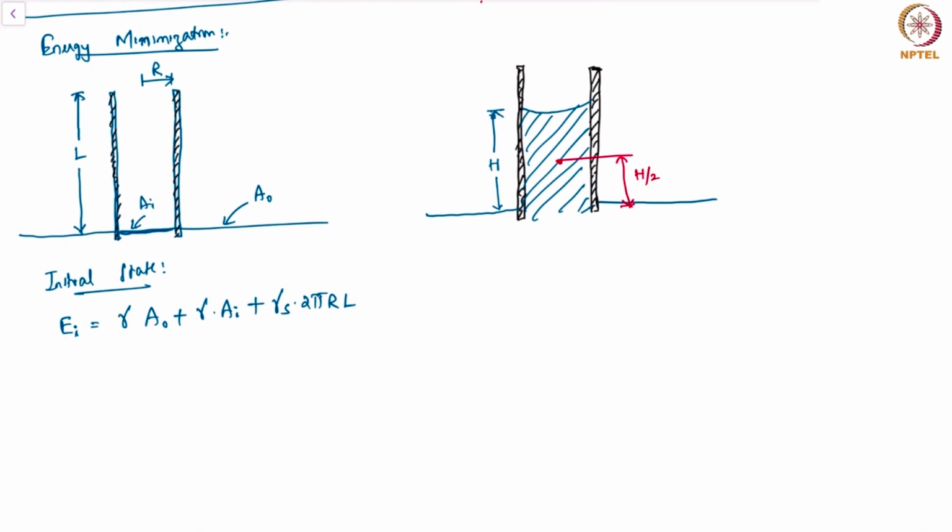Now, the area up inside still remains AI, and the area outside remains A naught.